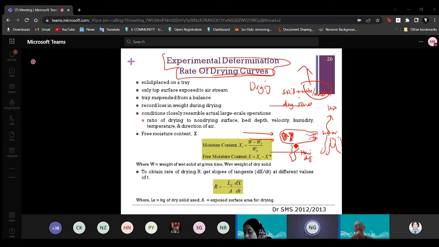You can adjust the fan speed. If you have more speed, you have more air velocity, more air coming, so the rate of drying becomes faster.